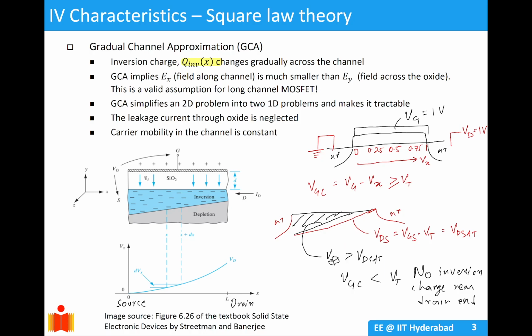And when VDS becomes greater than VD sat, this point will shift further to the left, and inversion charges will reach zero much earlier. And when Vg is less than Vt, then inversion charges are not formed at all.